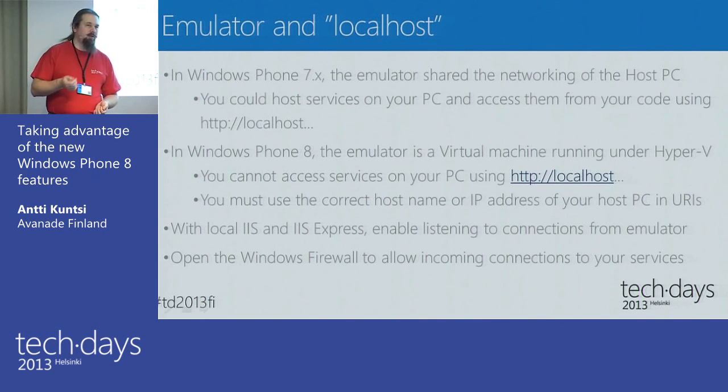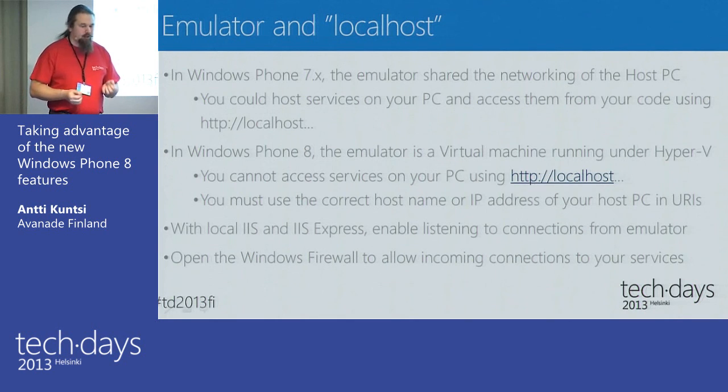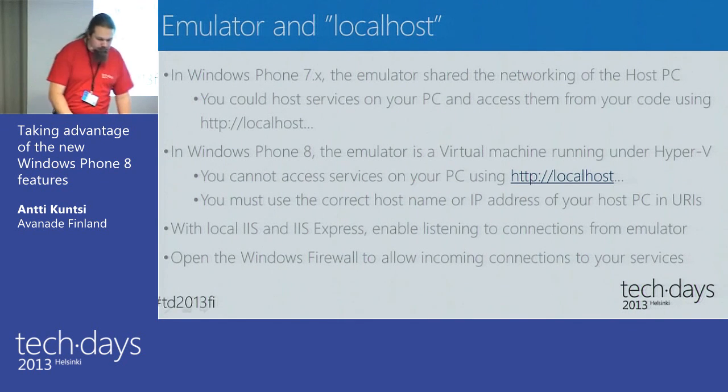Even if you're running it on a real phone, you can step out of your code or step next in your code from your phone project into your backend project, all connected at the same time. So it doesn't matter if you are using a phone or emulator, the connectivity stays the same. And doing this in IIS Express is one line. You find your project in the IIS Express configuration file, and you find there the word localhost. Take that out, and you're good to go.